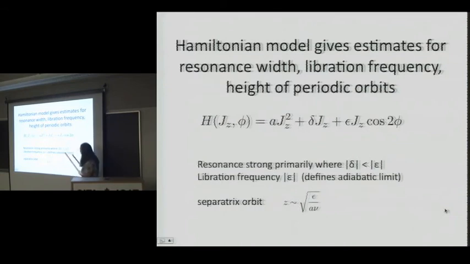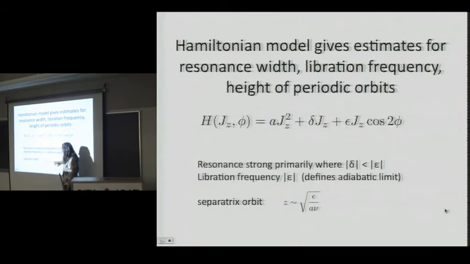So if you go back to the Hamiltonian model, this only tells you how far away from resonance you are. The resonance itself, the strength, and also the libration time scale are only set by these two parameters. And this epsilon is a frequency. And so you can figure out where the resonance is actually important. It turns out the resonance is really only important when this is smaller than that. And this divided by that actually tells you how high the orbits are in the resonance.